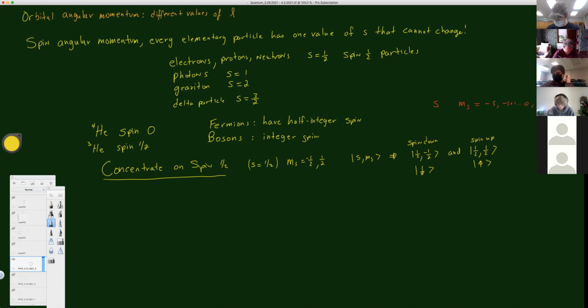The general state of this spin 1/2 is going to be some linear combination of these two states, up and down, and it's usually called a spinor.